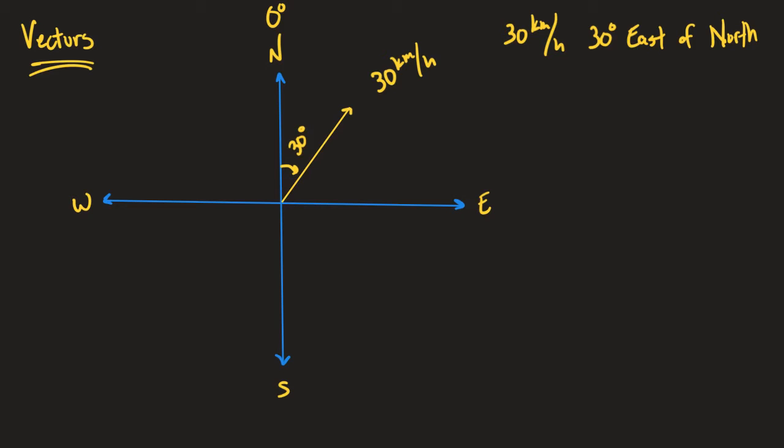What I'm doing is establishing 0, north, and telling you how many degrees to turn and in what direction. So face north, turn towards the east, 30 degrees.